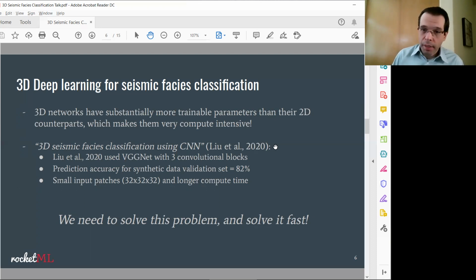They claim to have used relatively small input patches, so the input to the networks was 32 cubed in size, and reported very long compute times compared to typical 2D counterparts.